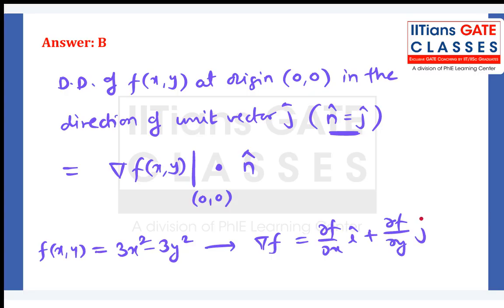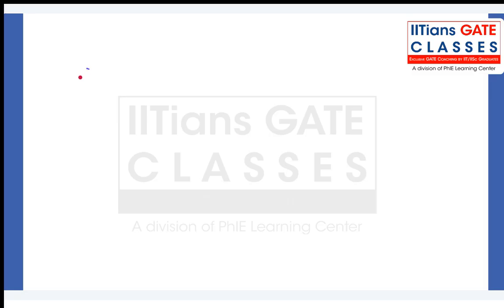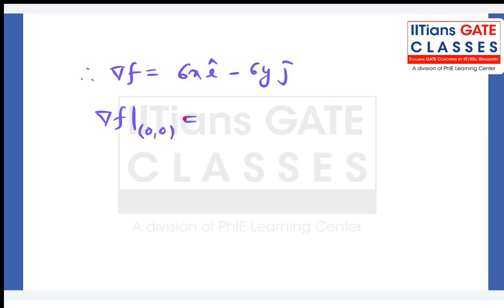Gradient is always a vector function. So what will that be? 6x and minus 6y. Therefore your gradient is 6x i cap minus 6y j cap. And now this gradient value at 0 comma 0, which is the point asked in the question, origin, is nothing but 0i minus 0j. So it is just 0.